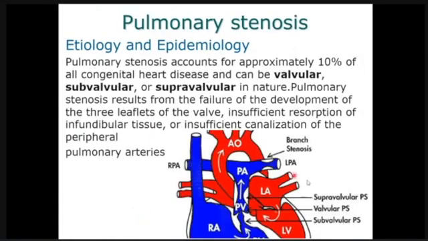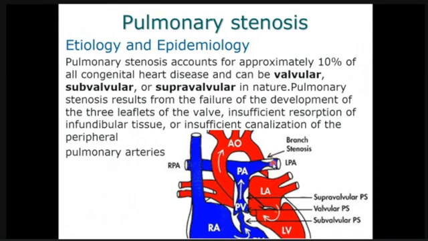For pulmonary stenosis, which also forms 10% of congenital heart disease, it could be subvalvular, supravalvular, or valvular. In pulmonary stenosis, we sometimes also get branch pulmonary artery stenosis.